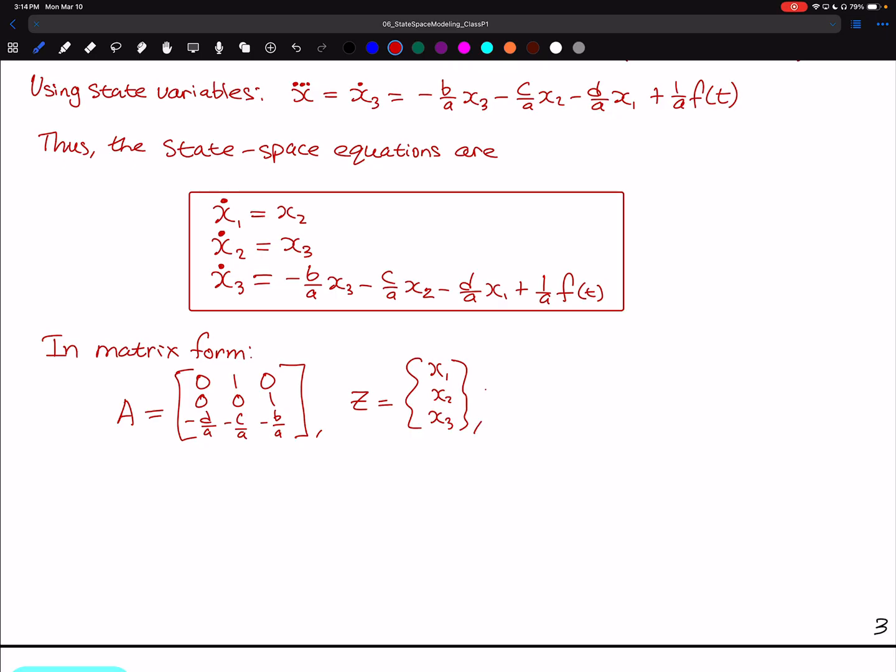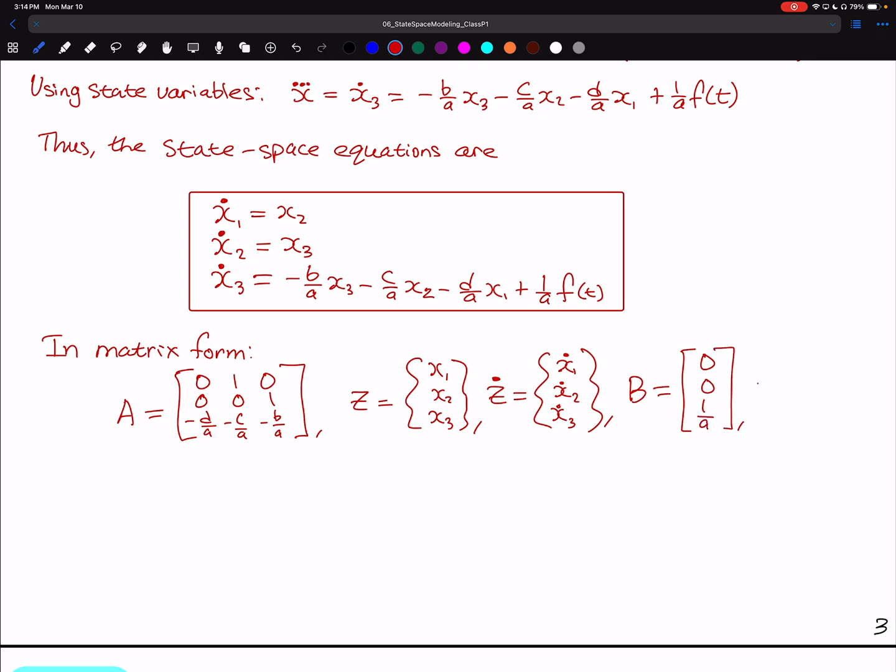Then z dot is x1 dot, x2 dot, x3 dot. Our input matrix B is equal to a column vector of 0, 0, 1 over a.